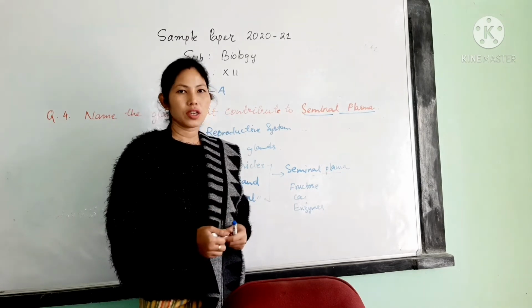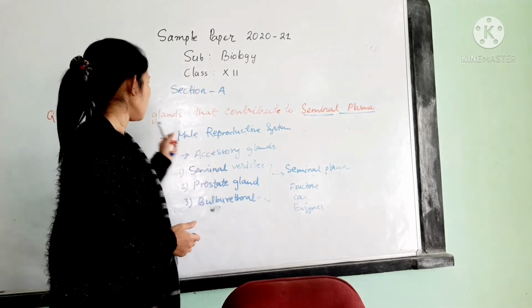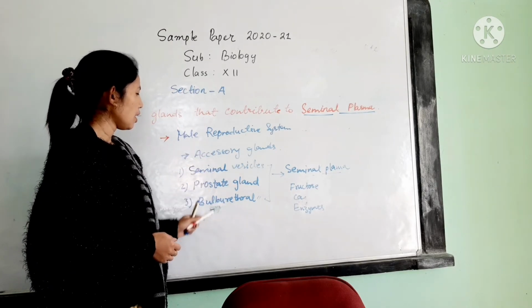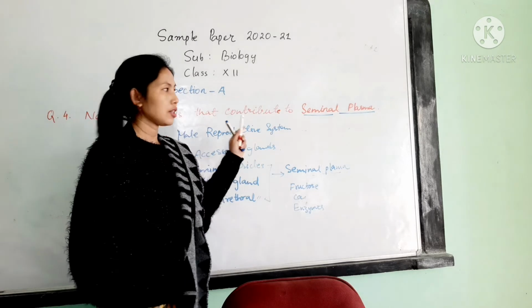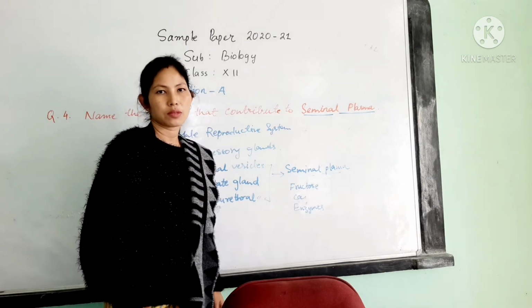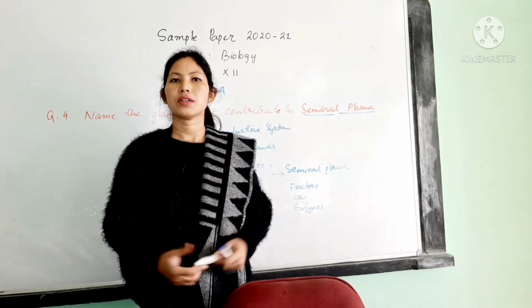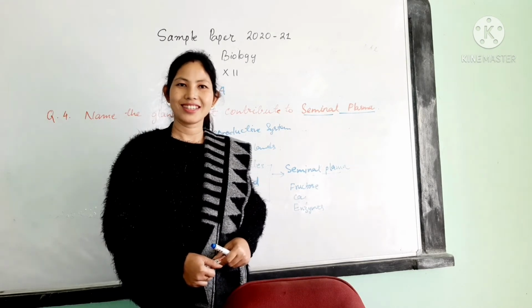So in this way you can write your answer as the different glands are the seminal vesicles, prostate gland and the bulbourethral gland that constitute the seminal plasma, which help in the nourishment of the sperm for fertilization to happen, right?